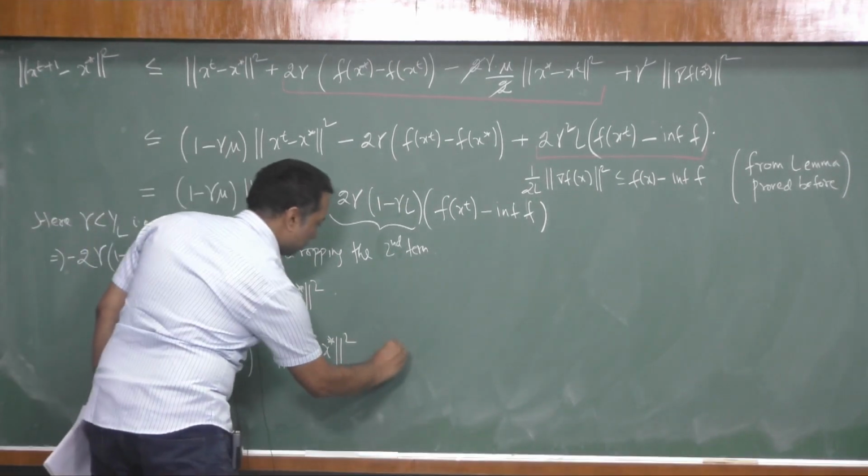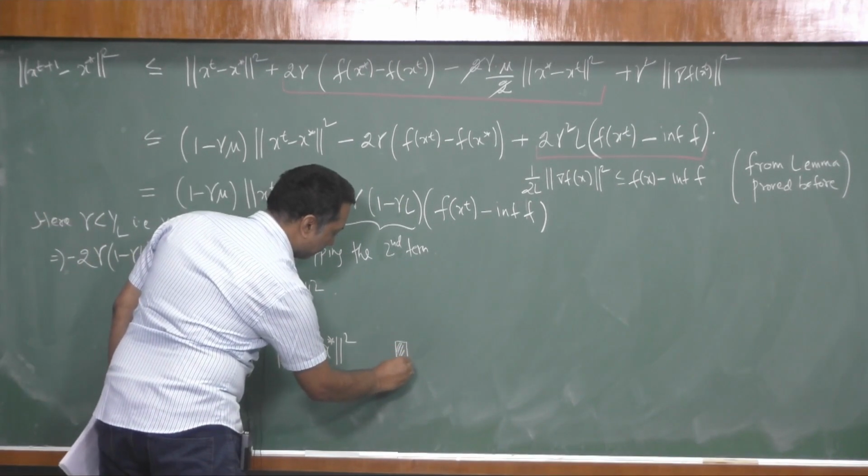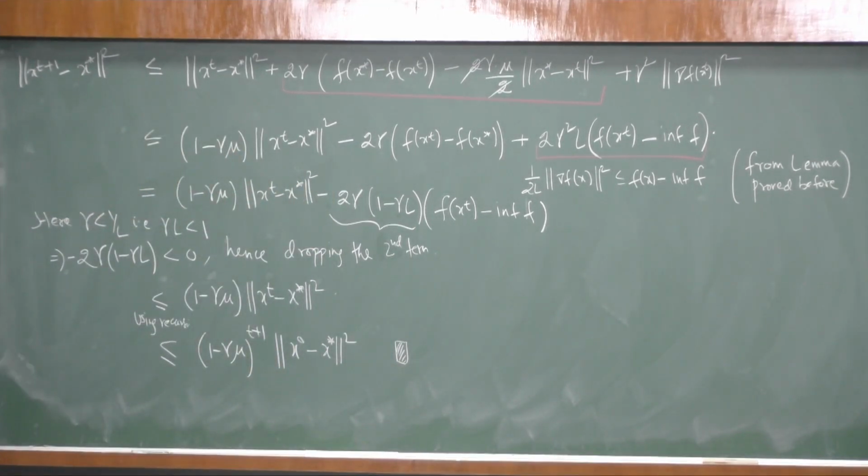So we make a box and then fill it. That means that it's done. This theorem is for when we have strongly convex and L smooth. Then the proof goes like this.